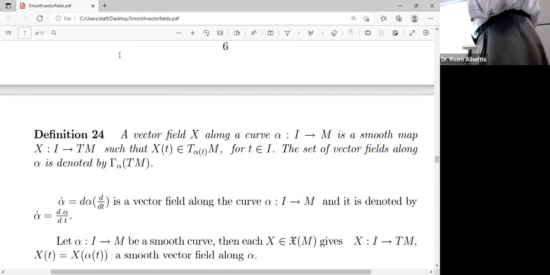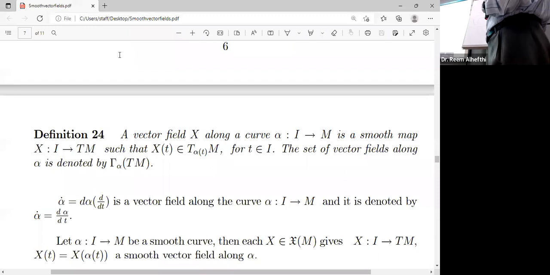And we call this a vector field along the curve. This X need not be defined globally on M, just defined along the curve. The only requirement is that at each point it matches the point to the corresponding tangent in the tangent space.